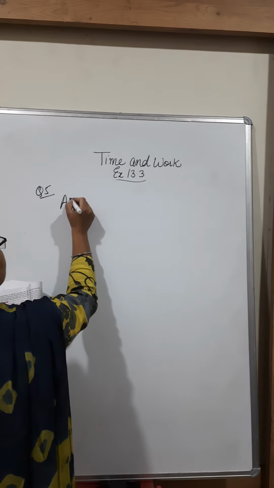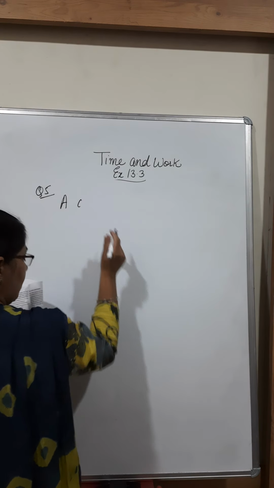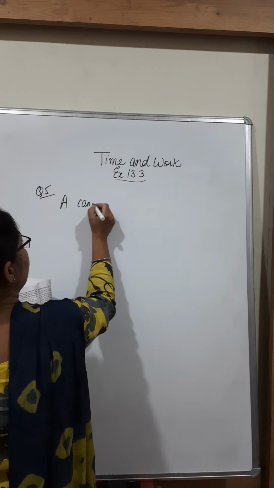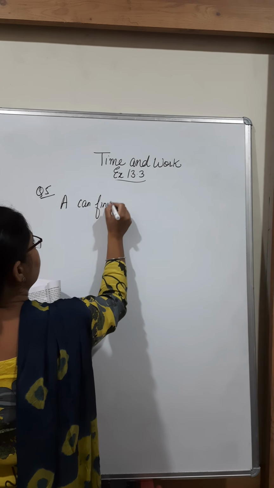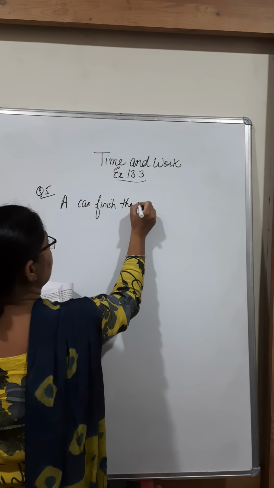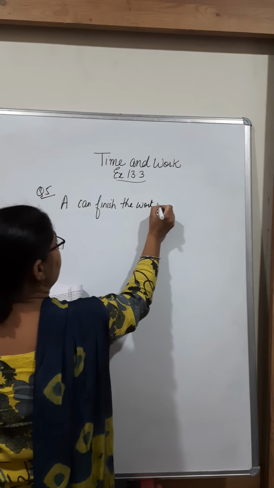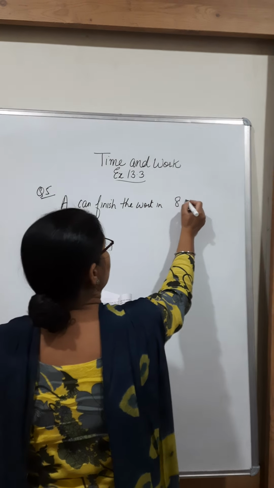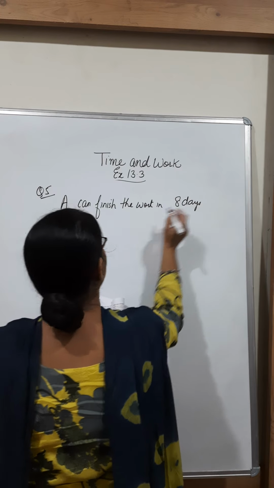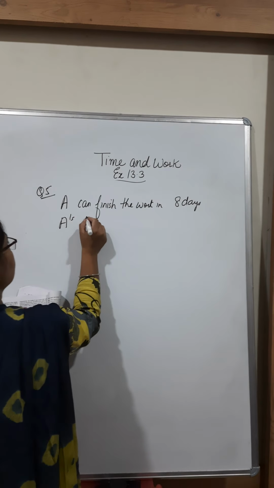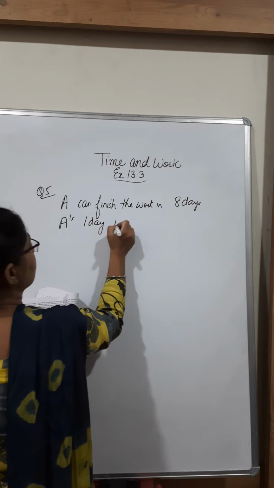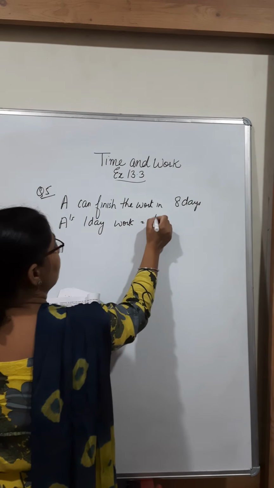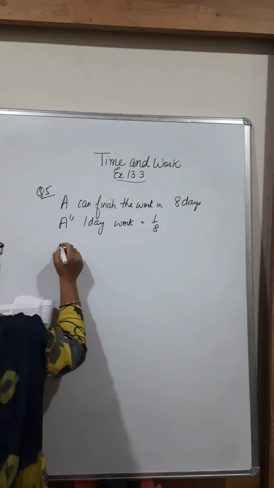So A can finish the work in how much time? 8 days. So what is A's 1 day work? A's 1 day work is equal to, beta, 1 by 8.